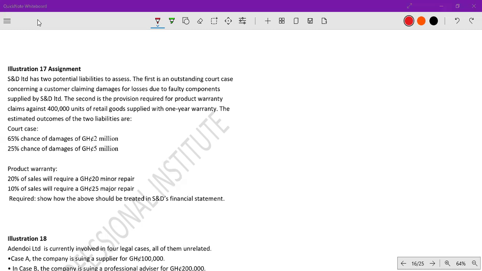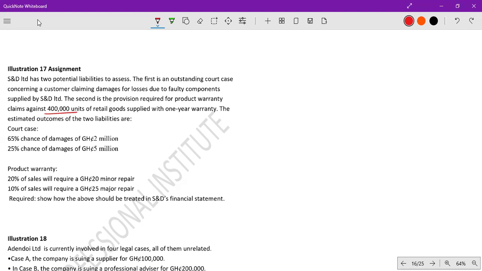Let's see how it should be done. We have done this already. What is the probability? The warranty, and then what? The second is the provision required for a product warranty against units of retail goods supplied with a 1 year warranty.